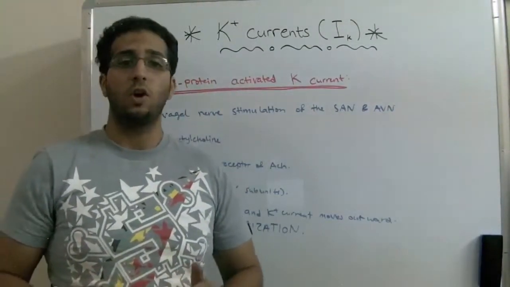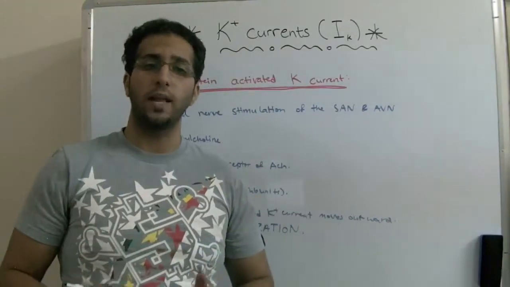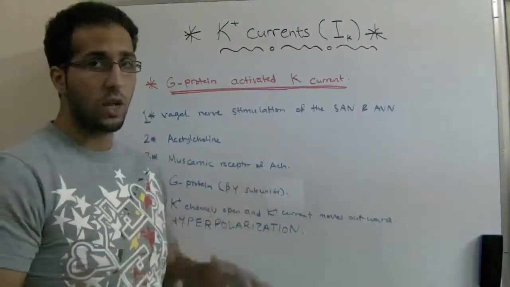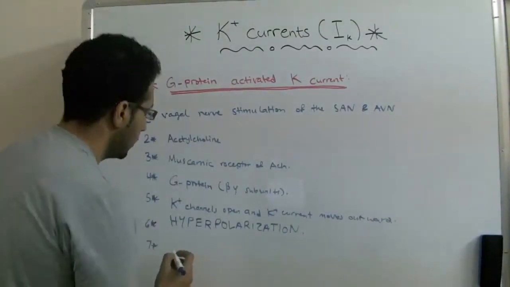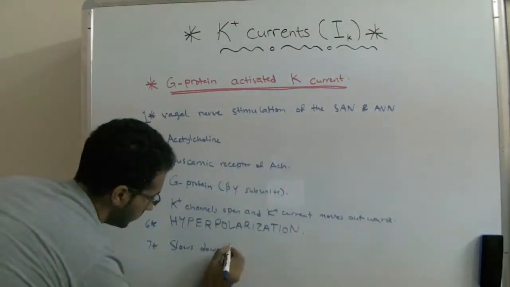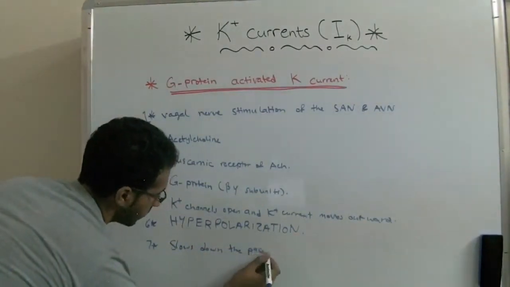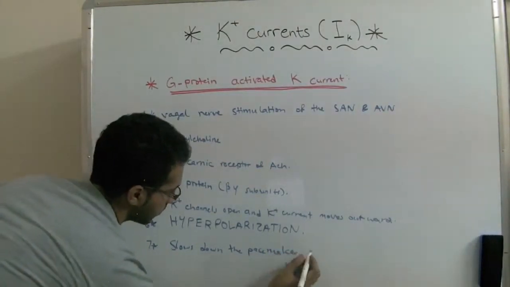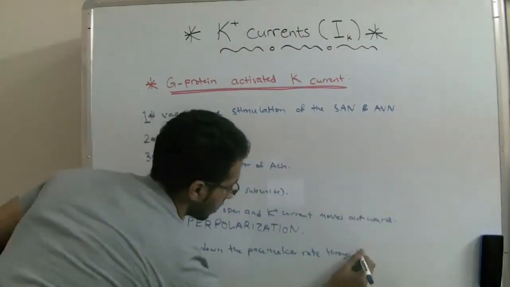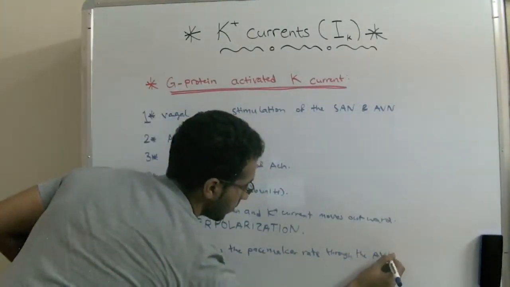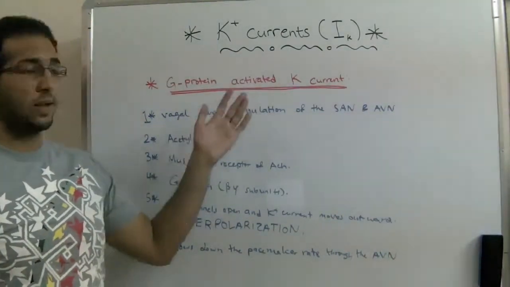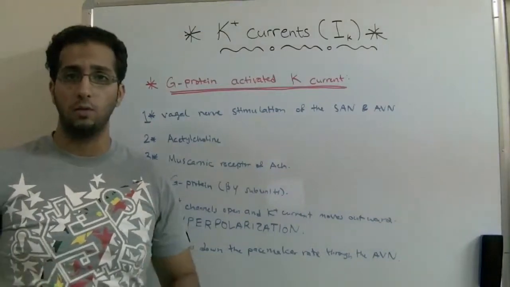Then this causes a slow pacemaker rate and slows the action potential conduction through the atrioventricular node. So it slows down the pacemaker rate. So these were the steps for the G protein activating potassium current to slow down the pacemaker rate.